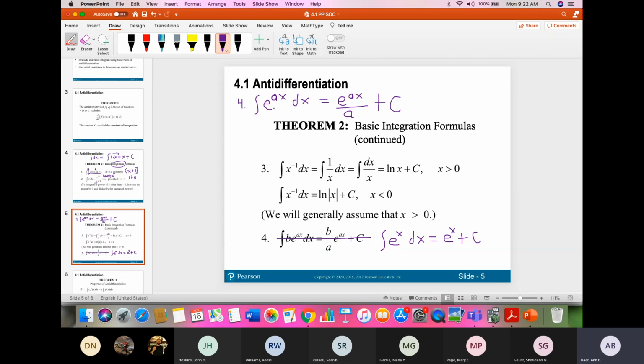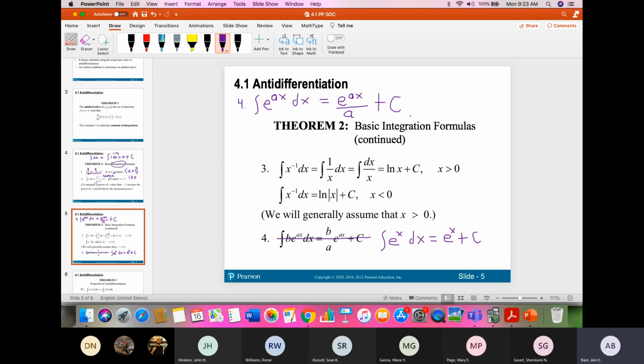When we go backwards, it makes sense that the antiderivatives would also work like that, so we're going to copy over e to that power. But we have to be careful here because we need to compensate when necessary. If I just differentiated e to the ax, if I went backwards, I would get e to the ax times, or what? Not times, but divided by.